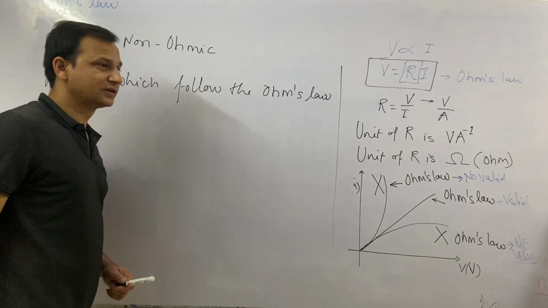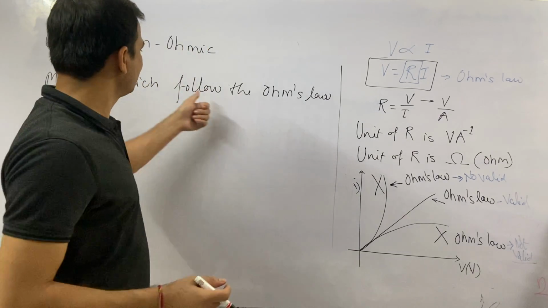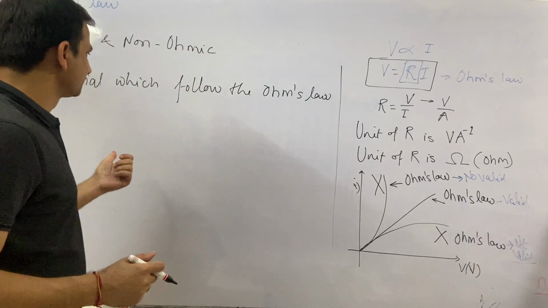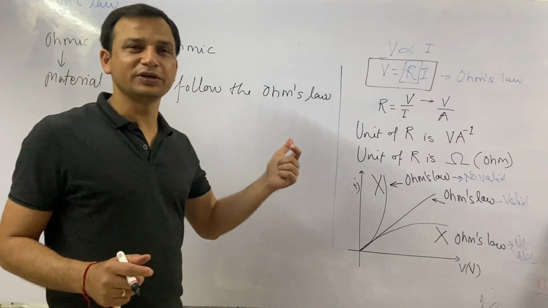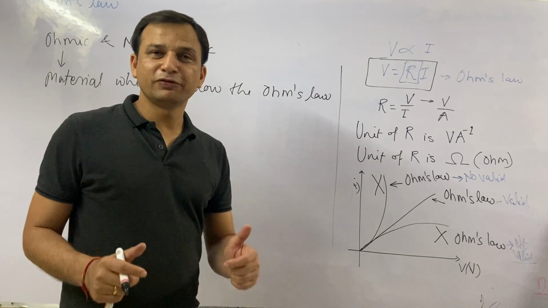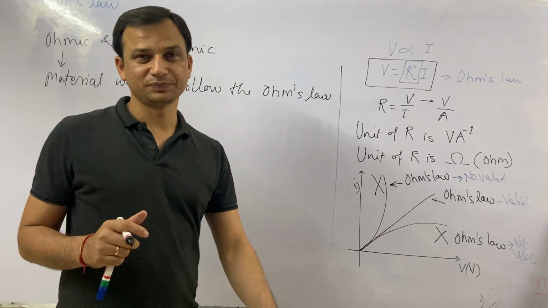It means if you apply voltage across the material and current is flowing through that material, then they will show the direct relation between current and voltage.